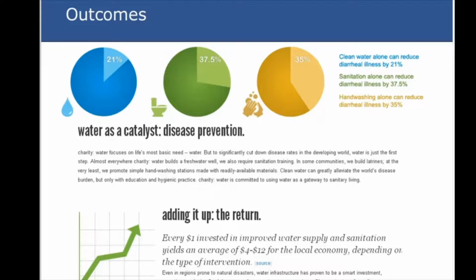They further talk about the economic outcome potential of a water project, and this is a very powerful statement of potential outcomes from something that may not seem very related. Even though they don't go into great depth about how that's created, they do give one very powerful example, which is that even after a natural disaster, if there is water infrastructure in place, there is a great reduction in disease among the survivors.